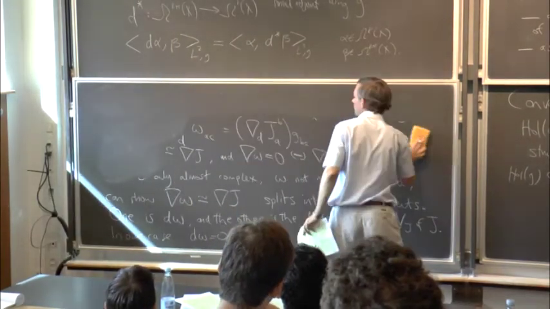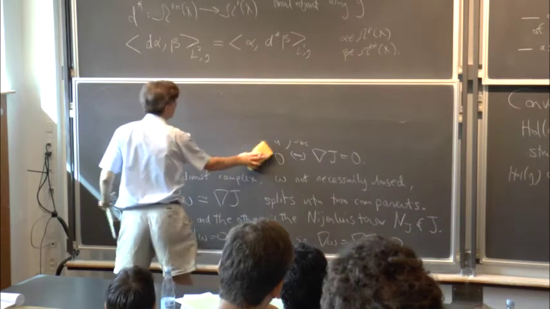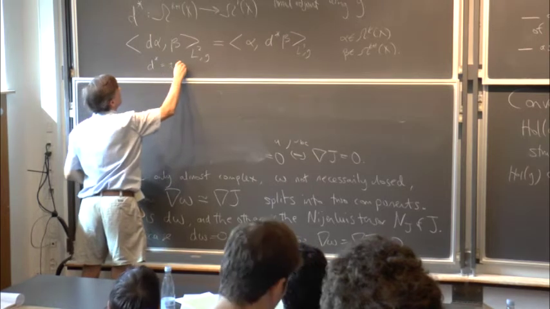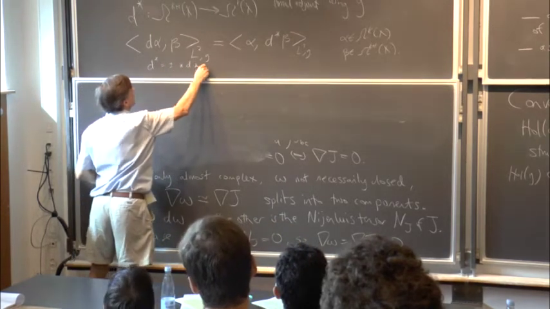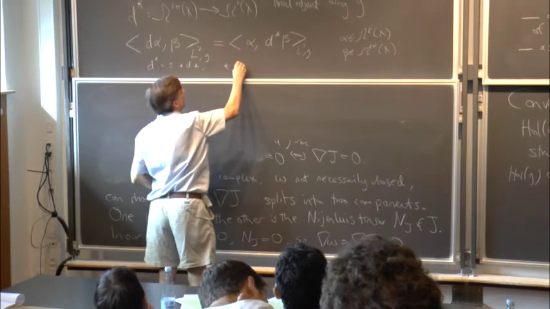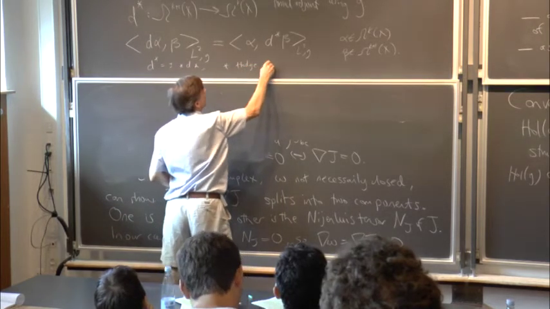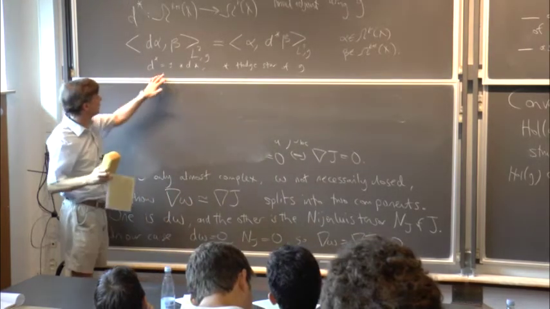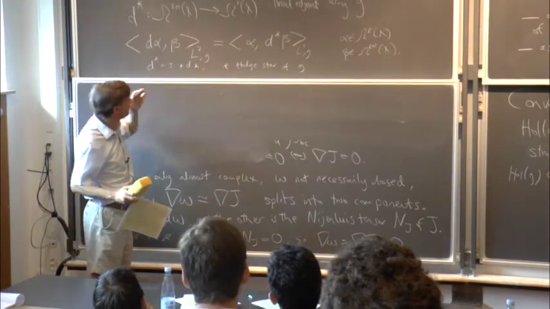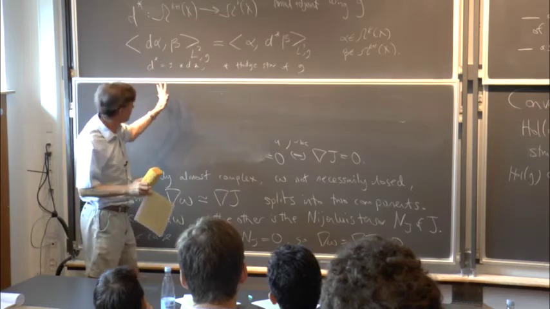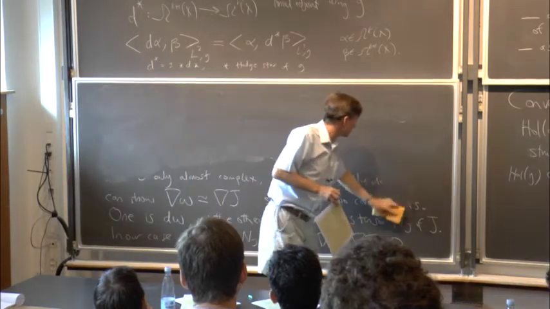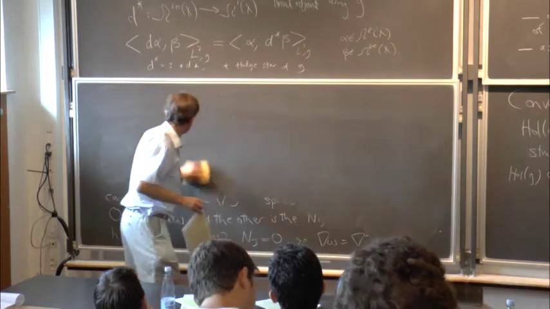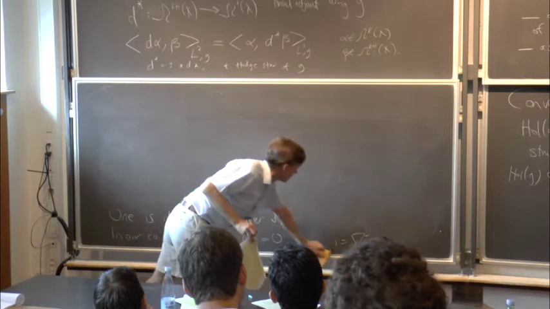In fact, d* is plus or minus * d *, where * is the Hodge star of g. You need an orientation to define a Hodge star, but because it appears twice here, the dependence on the orientation goes away. So it still makes sense if g is not orientable.